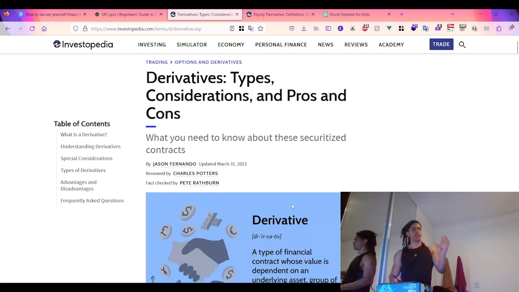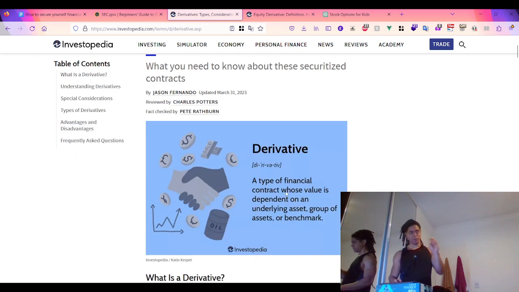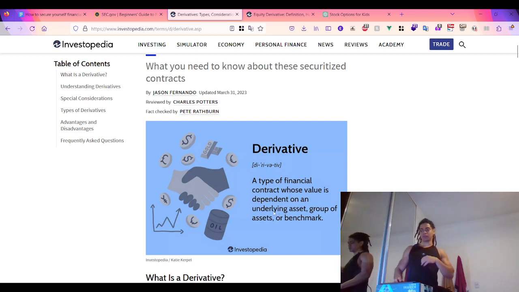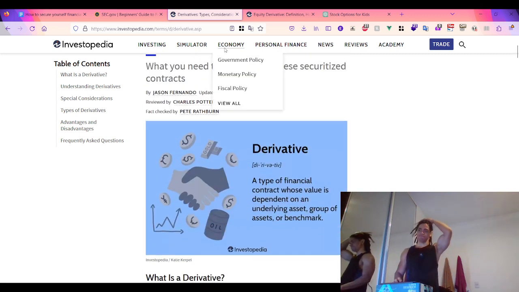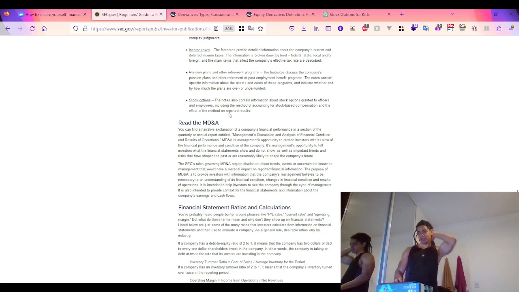It can be, for example, the company stocks given to employees, or a group of assets such as oil, currencies, and gold, or an index or benchmark, for example the S&P 500 or the Dow Jones.